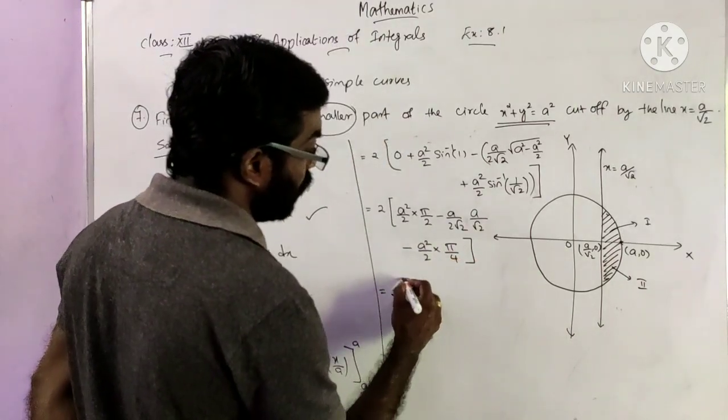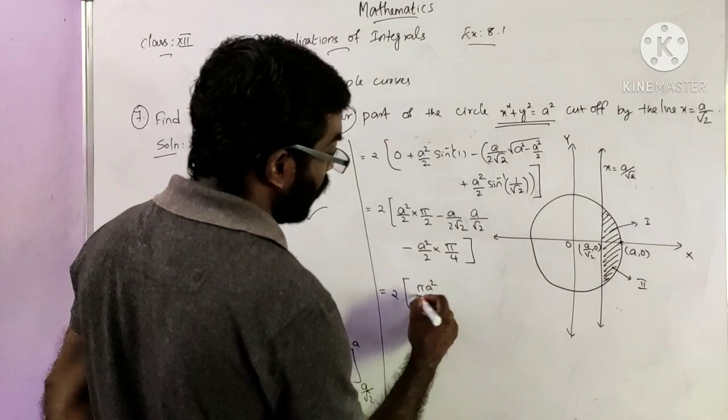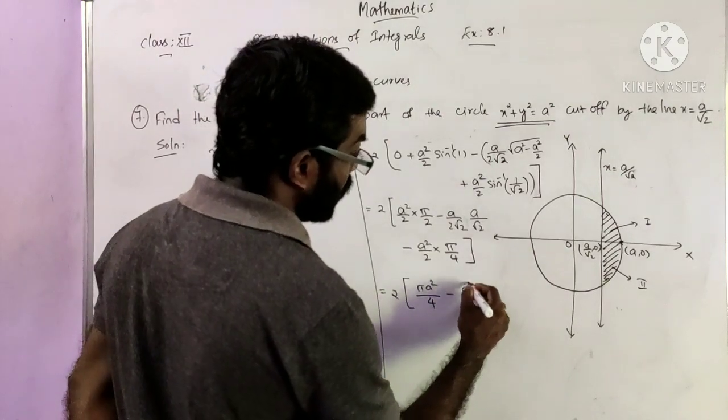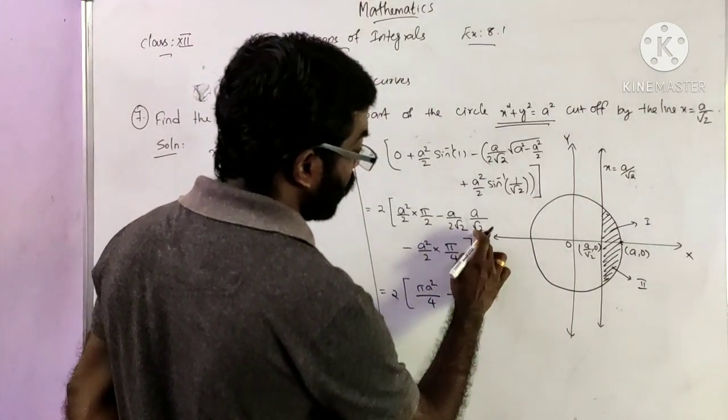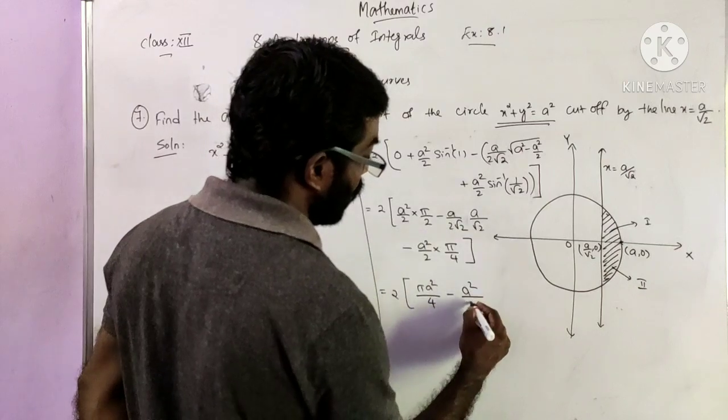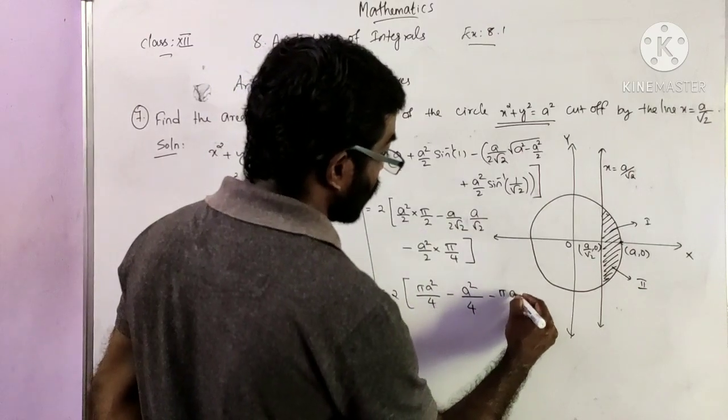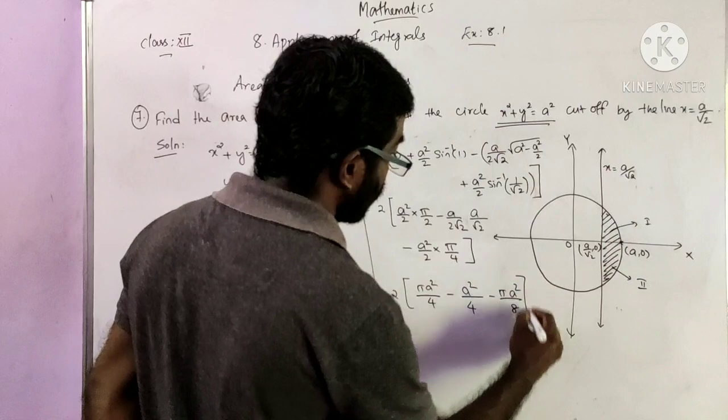That is 2 × [πa²/4 − a²/(√2 × √2 × 2)... √2 into √2 is 2, 2 twos are 4, then minus πa²/8].